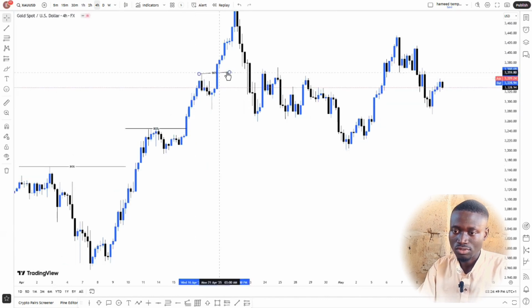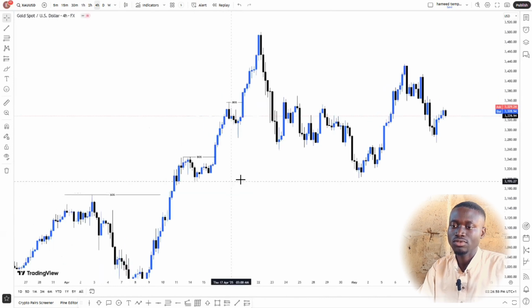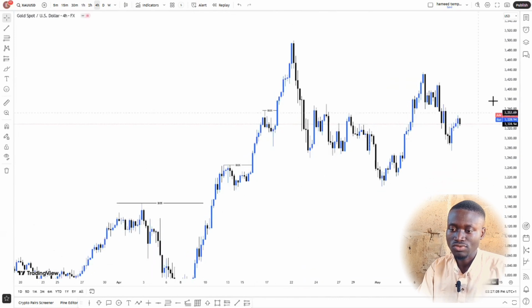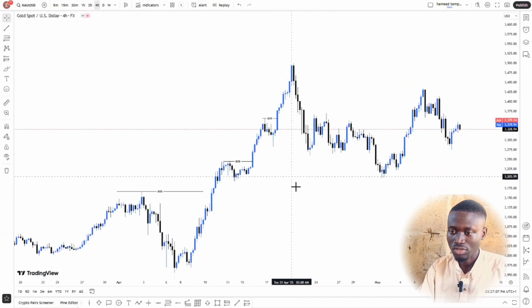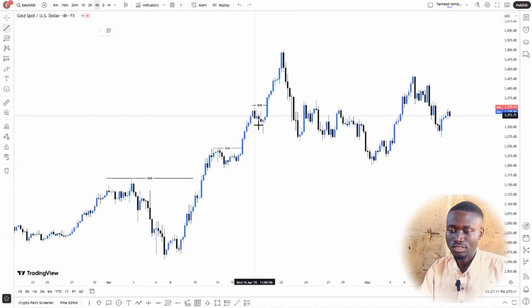This is a break of structure here, and another break of structure. Now, this is the last break of structure before we have this massive move to the upside. Since we have this break of structure to the upside and the market came back down here, we now have a change of character.